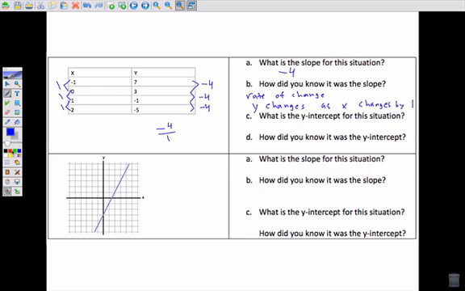Okay, the next part says what is the y-intercept for this situation? You can find the y-intercept just by looking at when x is 0. So when x is 0, y is 3. And so that's why we know it's our y-intercept.